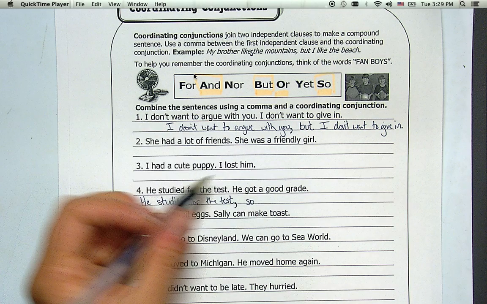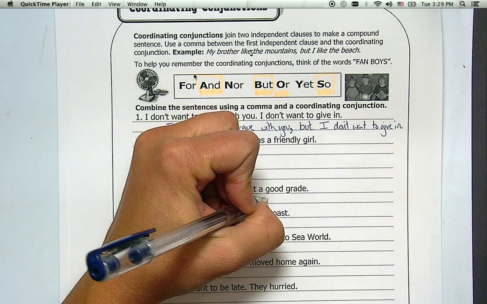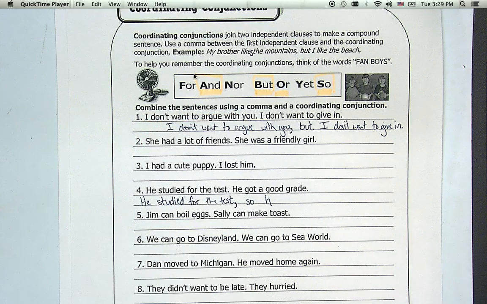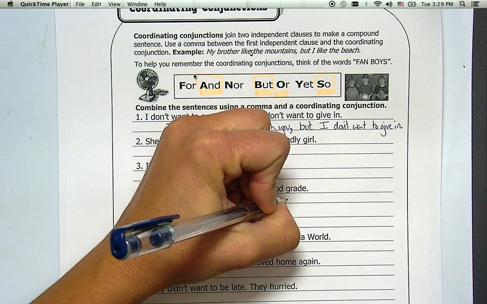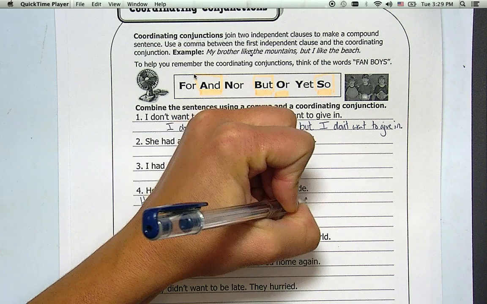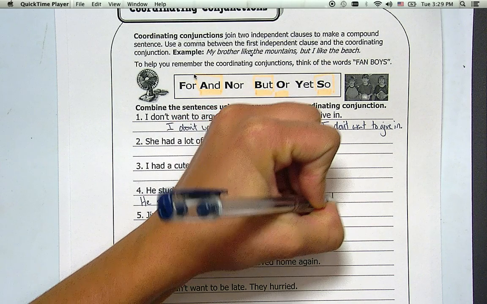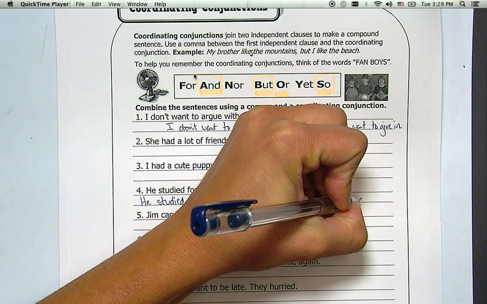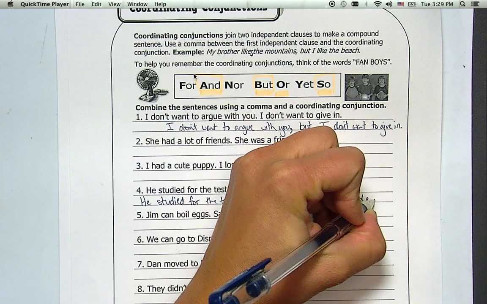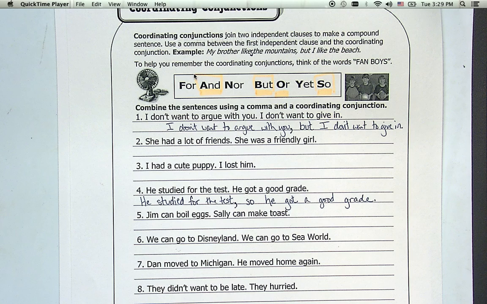And then I'm going to add this next sentence, and I'm going to remember that I don't put a capital letter because it's not a new sentence. He got a good grade, with a period at the end. He studied for the test, comma, so he got a good grade.